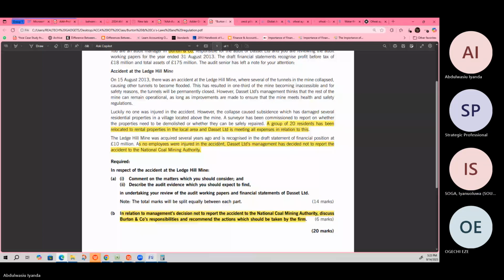No employees were injured, so they were just lucky. So it could be just maybe a one-off.